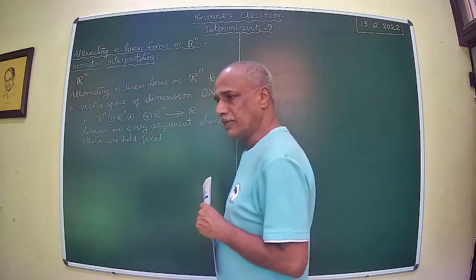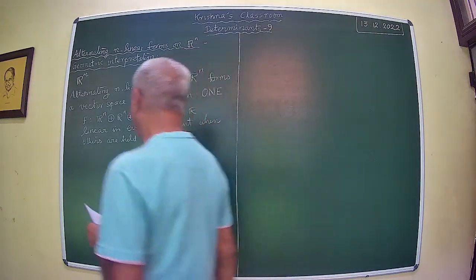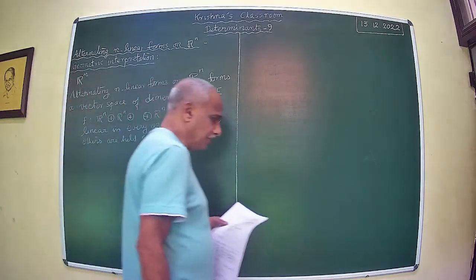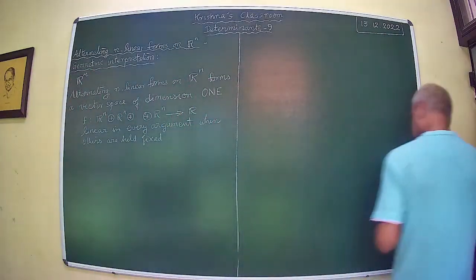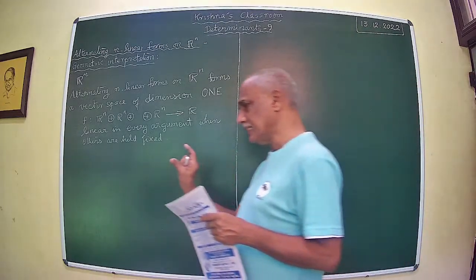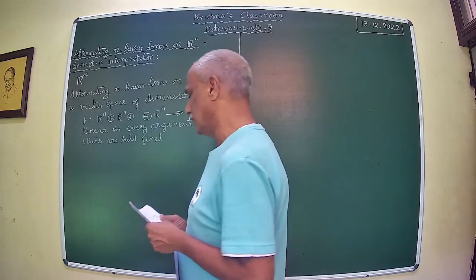Now, an alternating n-linear form has the further property that if you interchange any two distinct arguments, then the sign will change.